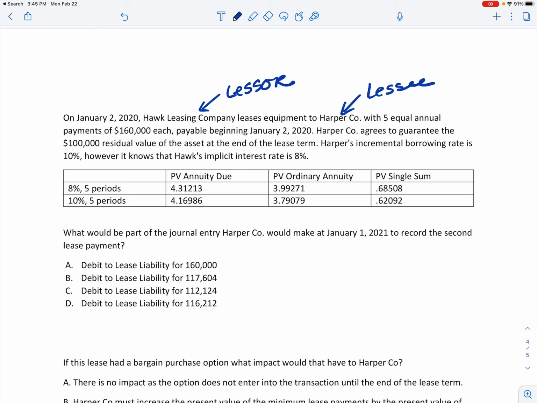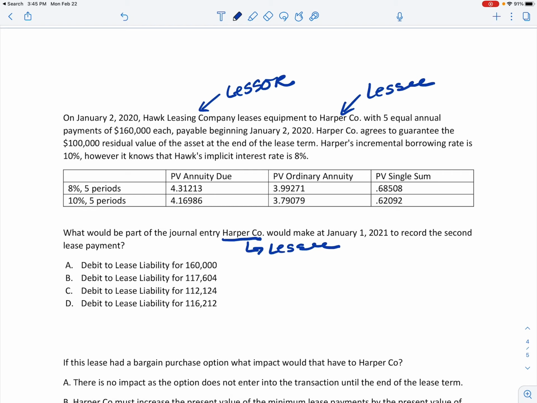So what we want to figure out, looking at it from Harper Company's standpoint, which is the lessee, is what kind of journal entry we have to record on January 1st, 2021 when we record that second journal entry. They want to know, what is your lease liability at that point?